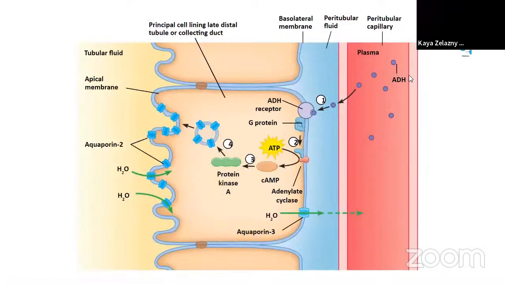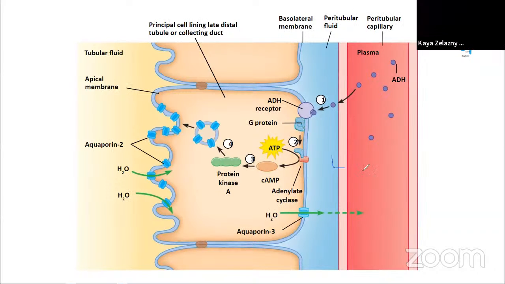Okay. So here's what we have happening if we look at the cell specifically. So we can see this is that same cell that I was drawing before. So here's our paratubular capillary, right? So that's the paratubular capillary right next to our tubule. So that's the blood, the plasma we're going to be moving water into. Here's the lumen of our late distal tubule, or our collecting duct, right?